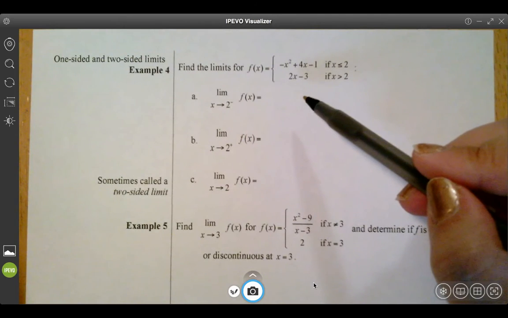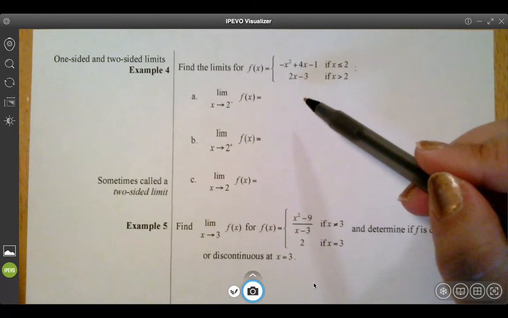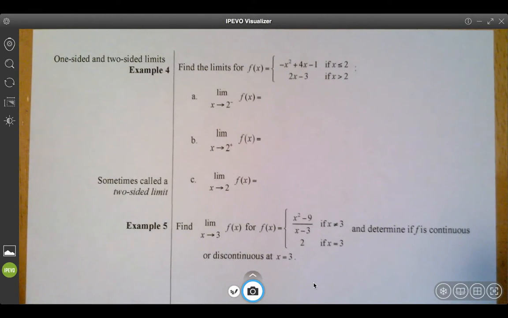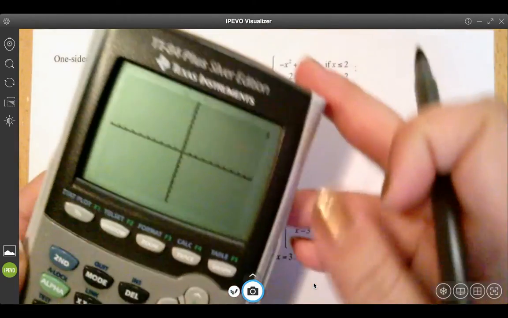So what we want to do is look at what is happening here. Is it continuous or discontinuous at 2? So we need to graph this. If we take our graphing calculator and we put in these functions, negative x squared plus 4x minus 1, and then in the second one, 2x minus 3, and then we graph it.